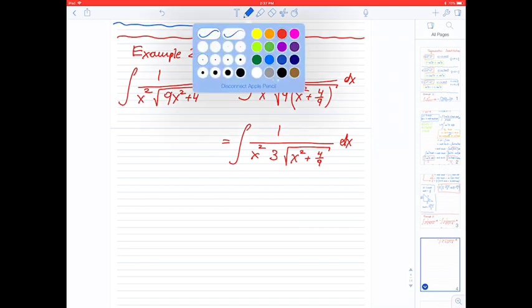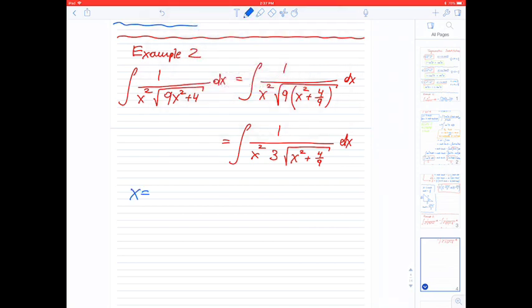That means the good trigonometric substitution will be replacing x with 2 over 3, we can see 4 over 9, and tangent, because everything is positive, tangent theta. Then I need the dx. I will copy the constant. Derivative of tangent is secant square theta d theta.